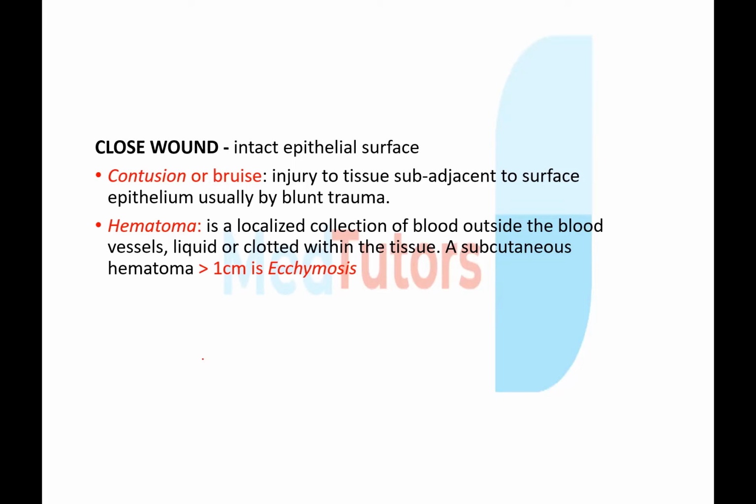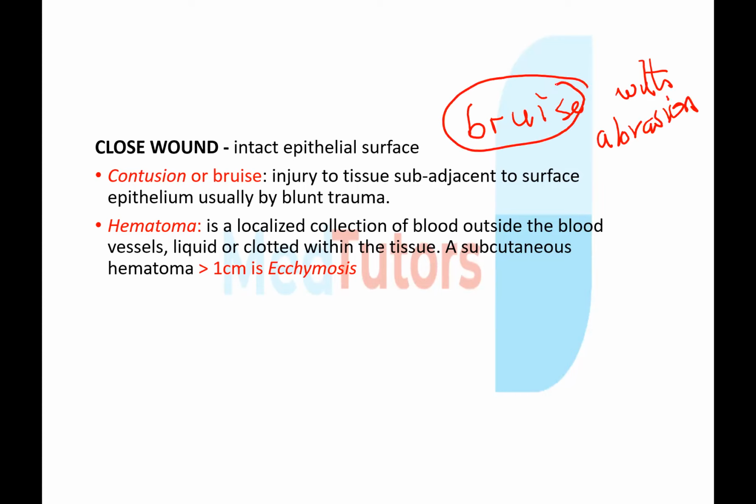I found some candidates confusing bruise with abrasion, which we'll see shortly. So in a bruise, the epithelial surface is intact, while in abrasion, there is loss of epithelial surface.